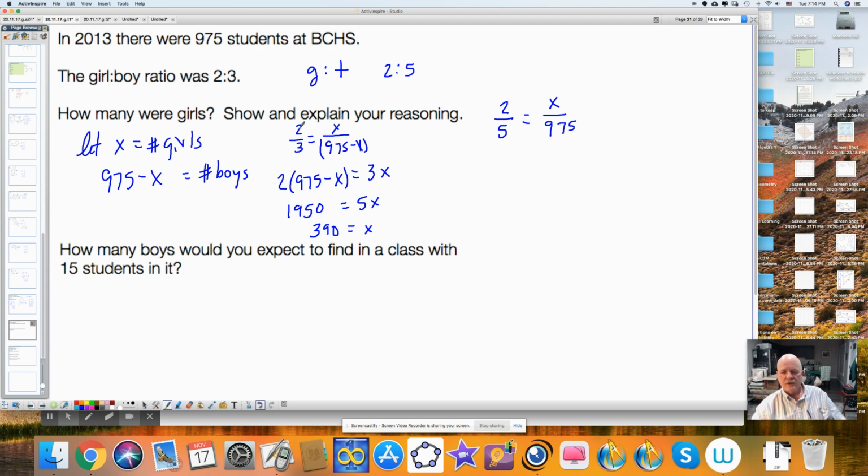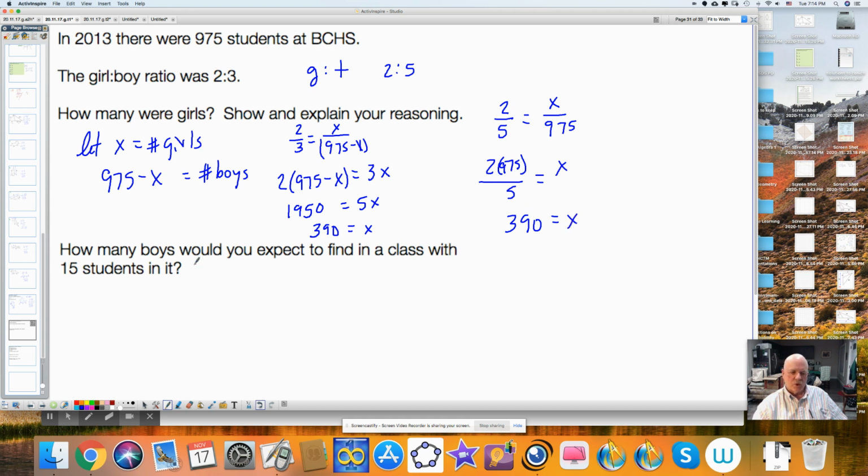That's what I had here. x would equal 2 times 975 divided by 5, and that's what I have when I do this. And so x is equal to 390 once again.